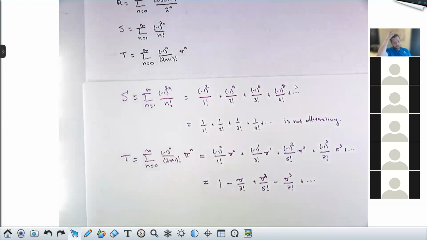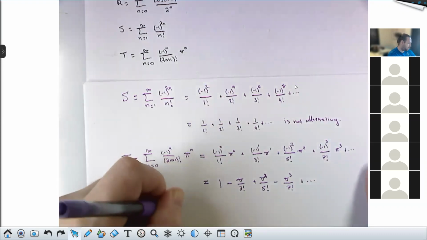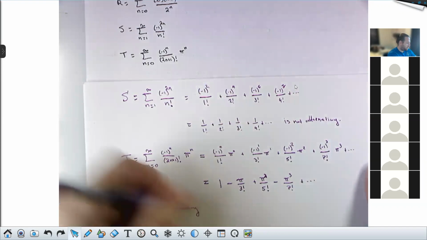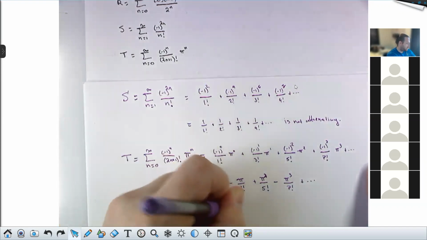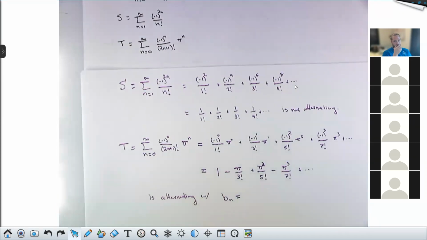Yes, this one does. This is alternating. And the BNs here would be what? Is it pi to the power of n over 2n plus 1 factorial? Very good.